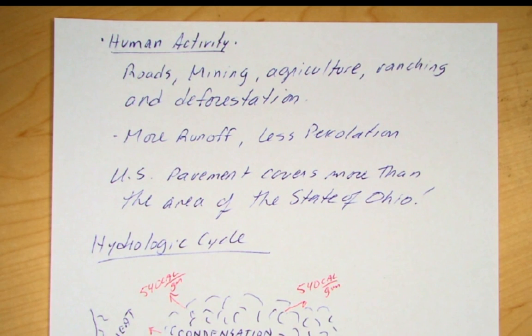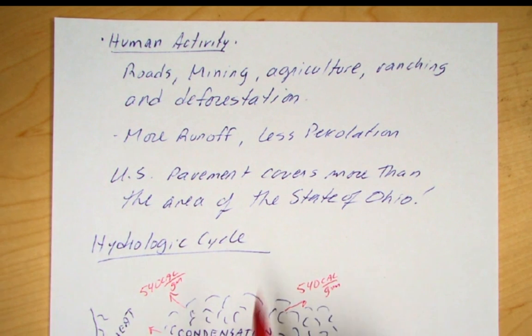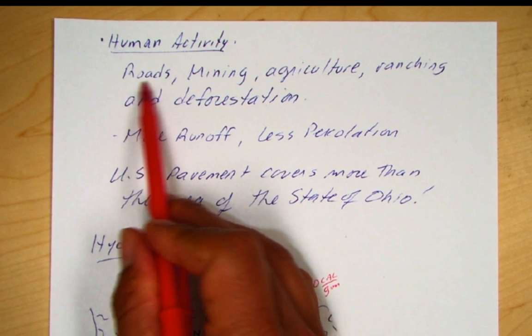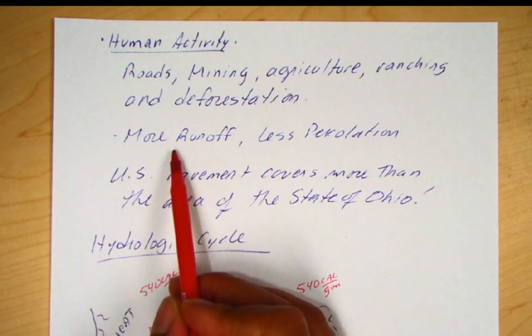It's human activity. And even though we have a small contribution, it is significant. Our road building, mining, agriculture, ranching, deforestation has really altered the landscape, the geomorphology in many places. So one thing that happens, especially deforestation and paving, roads and concrete, will lead to more runoff.